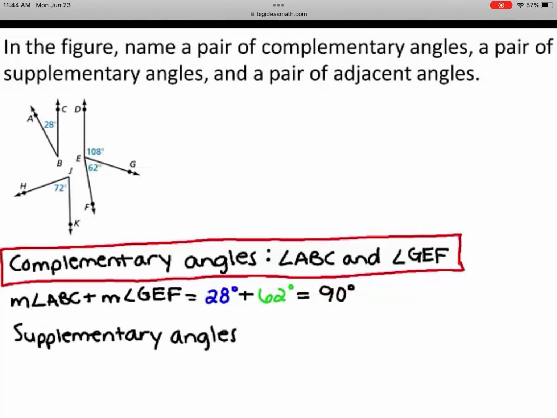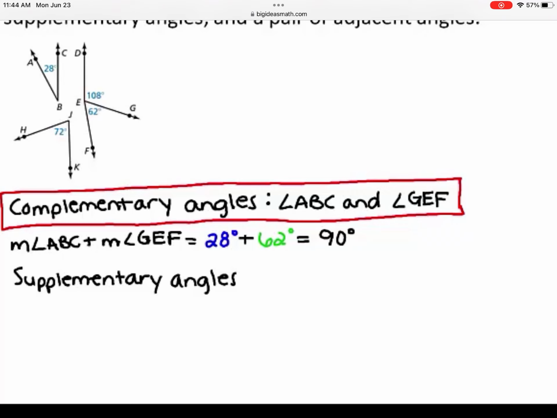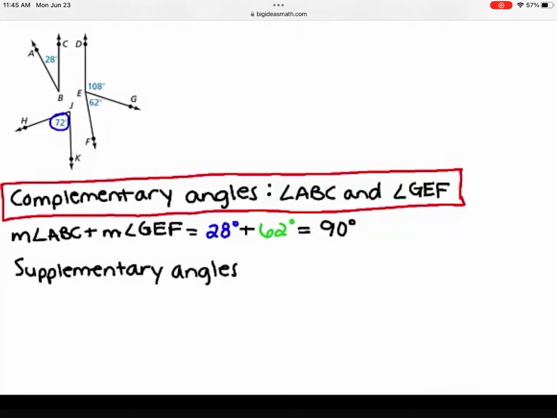Next, supplementary angles are two positive angles whose measures have a sum of 180 degrees. In the figure, the measure of angle HJK is 72 degrees, and the measure of angle DEG is 108 degrees.